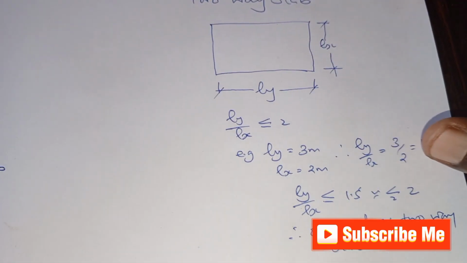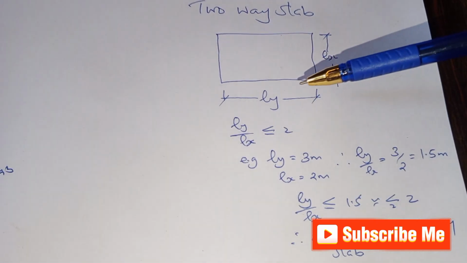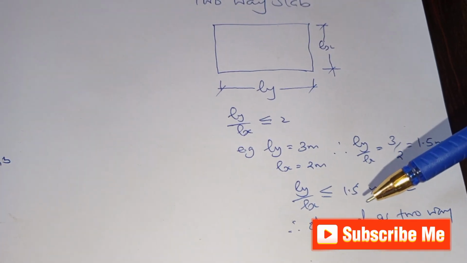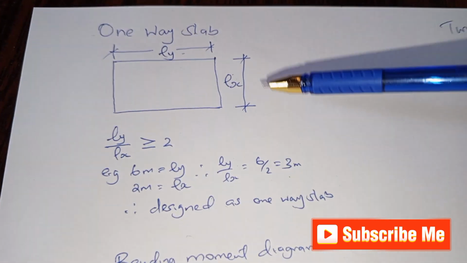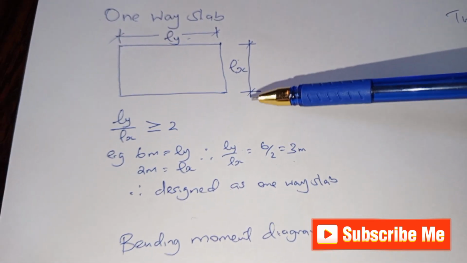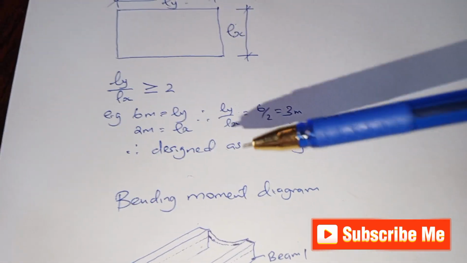I've said that for a two-way spanning slab, the ratio of the longer span to the shorter span is less than 2, and it is therefore considered a two-way spanning slab. For a one-way spanning slab, the ratio of the longer span over the shorter span is equal to 2 or greater than 2, and it is considered a one-way spanning slab.